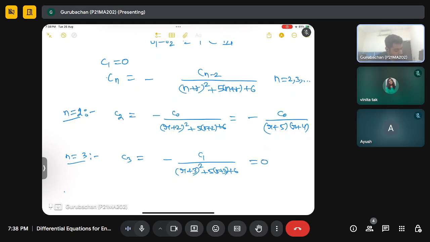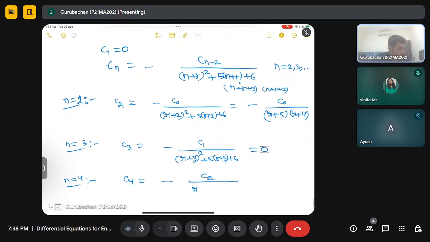Since C1 is 0, then it will be 0, and n equal to 4 will be C4 minus C2 divided by, again, so if you will write it here, this will be nothing but n plus r plus 3, n plus r plus 2. So this will give you, for n equal to 4, r plus 7, r plus 6. And if you combine with this value of C naught, this will be r plus 7, r plus 6, r plus 5, r plus 4 till there.